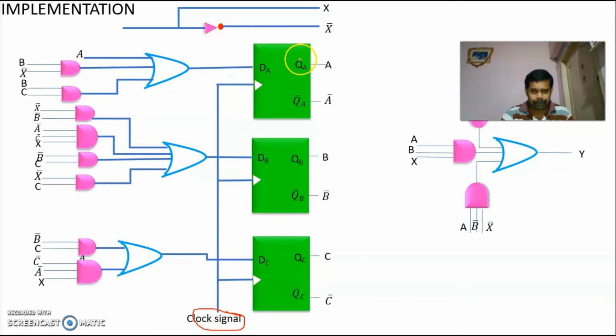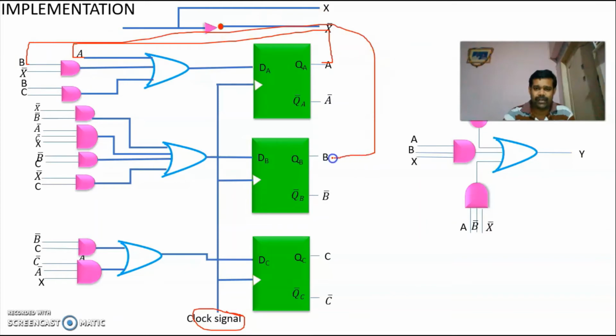So actually, if it is A, you have to take a connection from here and give it here. If it is B, you have to take a connection here and give it to B. Similarly, X bar means here you are having X bar, you have to take a connection and give it to here. Similarly, B means you have to take a connection from B. Similarly, C, so X bar.